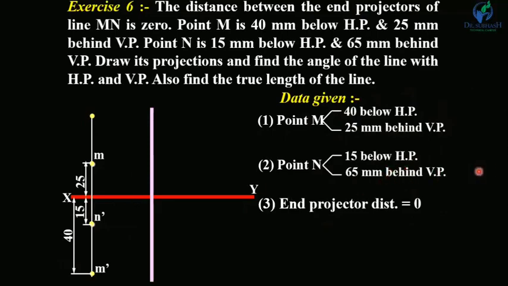And 65 mm behind VP means point N is 65 mm above the XY line. Point N will be here. Now this M dash N dash is the front view and MN is the top view.